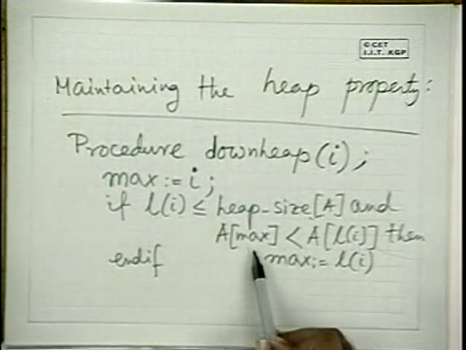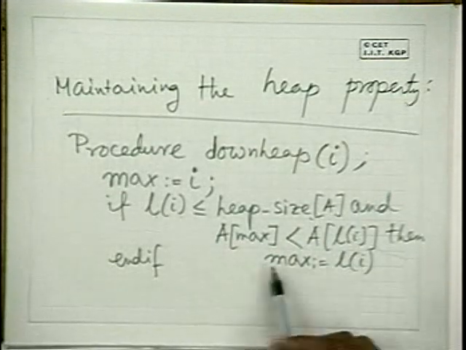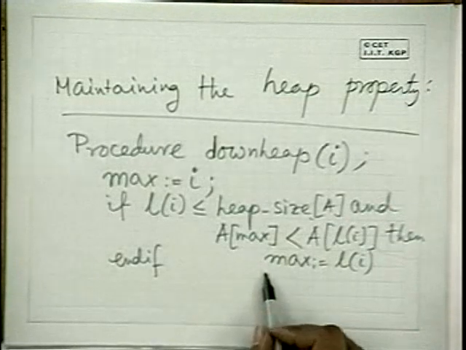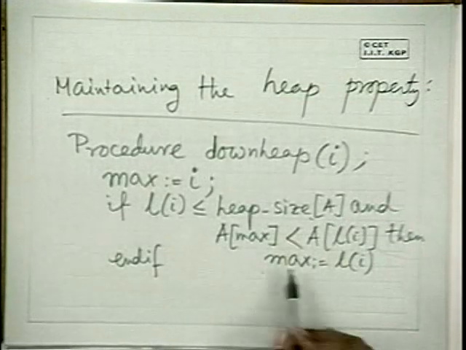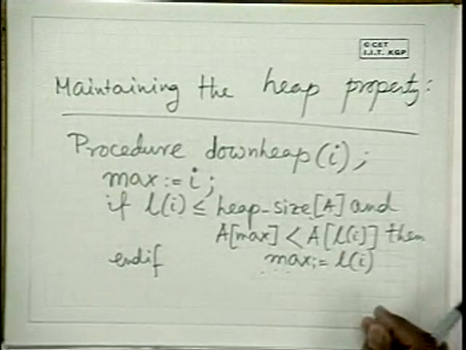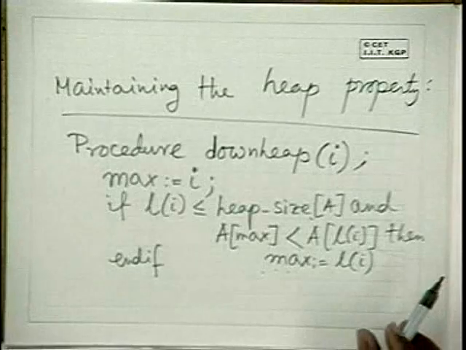And if A of max, the current element, is less than A of Li, then we should exchange Li and A of max. We are not actually exchanging; we are just keeping in the variable max that probably we may exchange later, because I have to check with Ri also. Whichever is higher, we will exchange with that one. That's why we are just keeping it here.